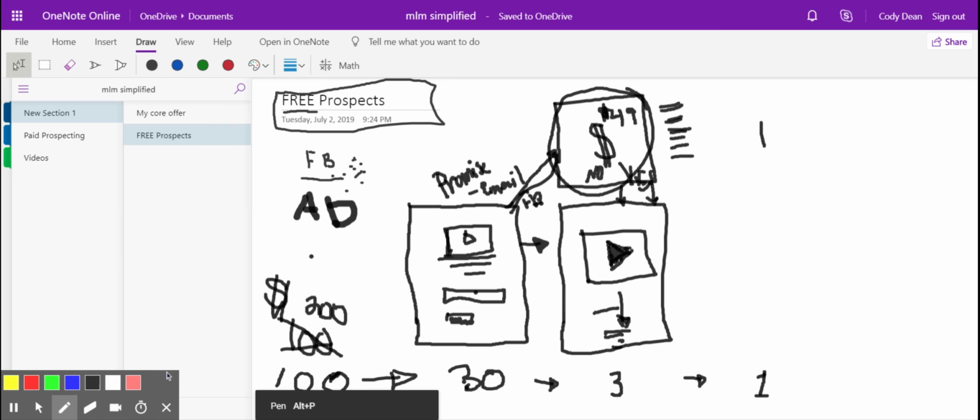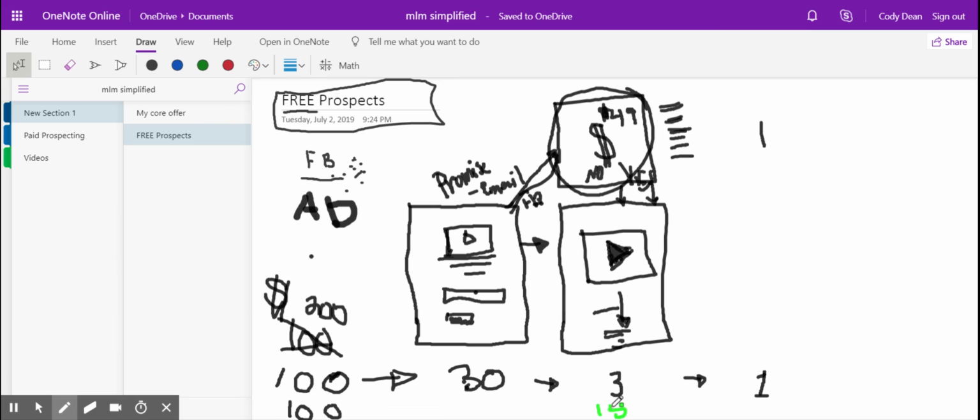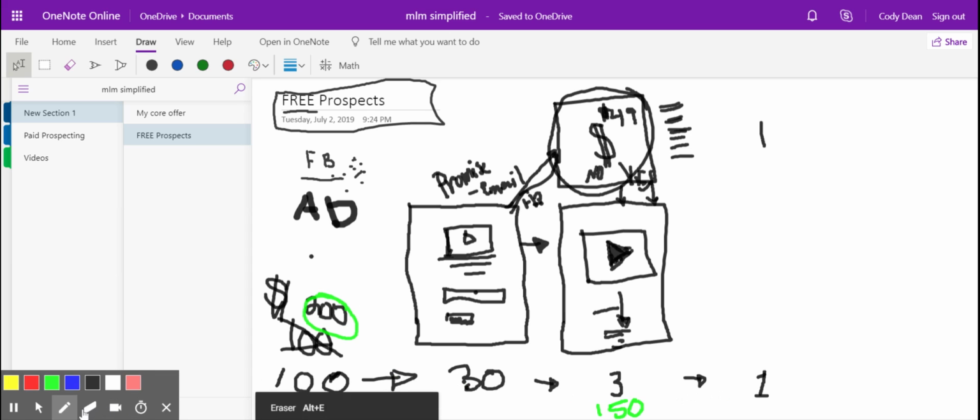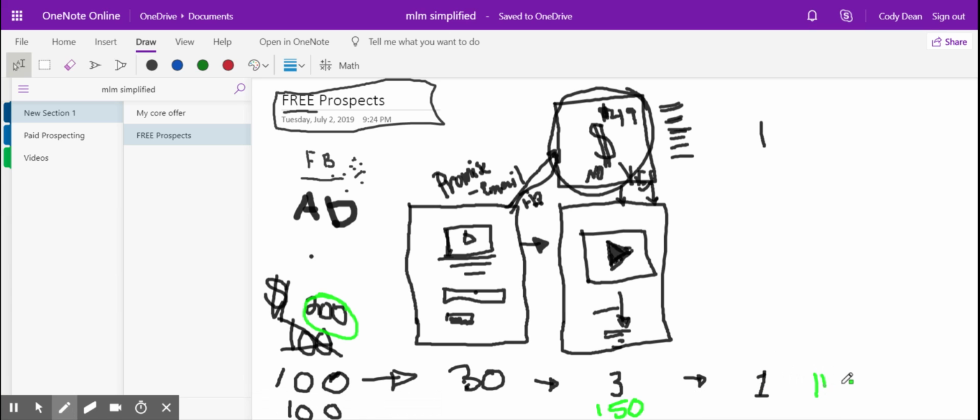We'll do this in green. $150, almost covered all of your ad spend. And then guess what? You had 1 person buy, so that was $1,500. Pretty good, pretty good. What if we could get more people to purchase this, right?